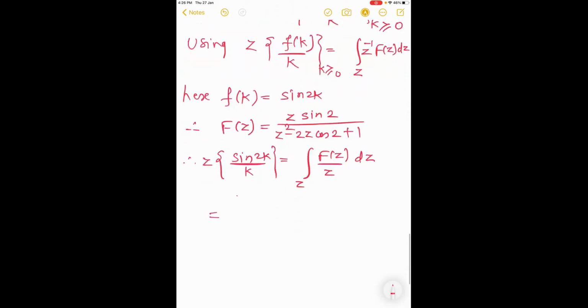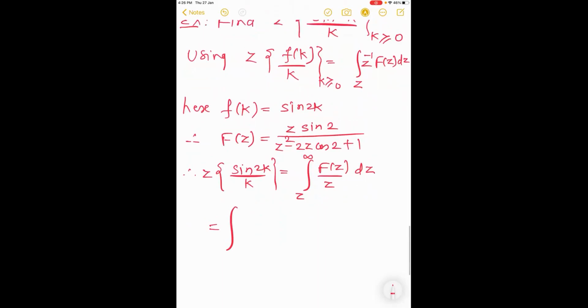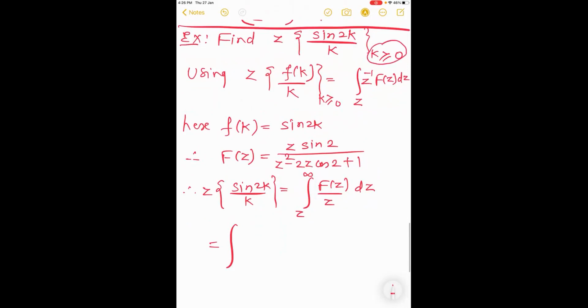That means the integral is from z to infinity actually, because k is greater than or equal to 0. For that we will be using the result for the integral, with upper limit infinity. So 1 upon z into bracket z sine 2 upon z square minus 2z cos 2 plus 1.